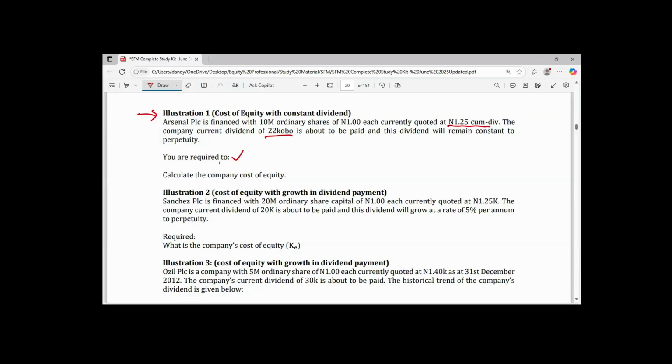Of course, the information will be there in the question. I mentioned that dividend valuation model should be used when information on dividend and share price are given. In this question, you are given dividend of 22 kobo and share price of 1.25. That means we are supposed to calculate cost of equity using dividend valuation model.